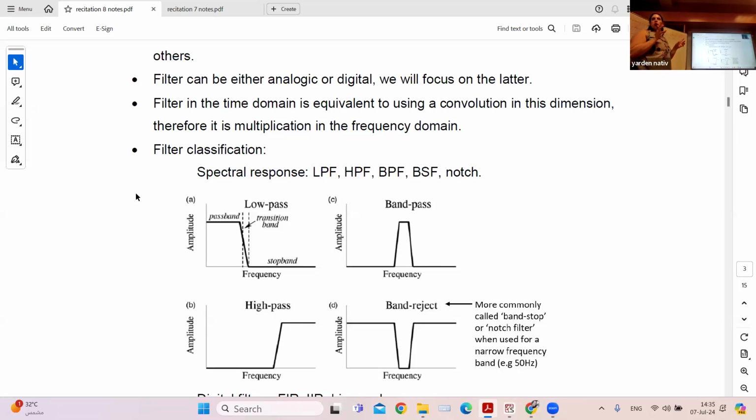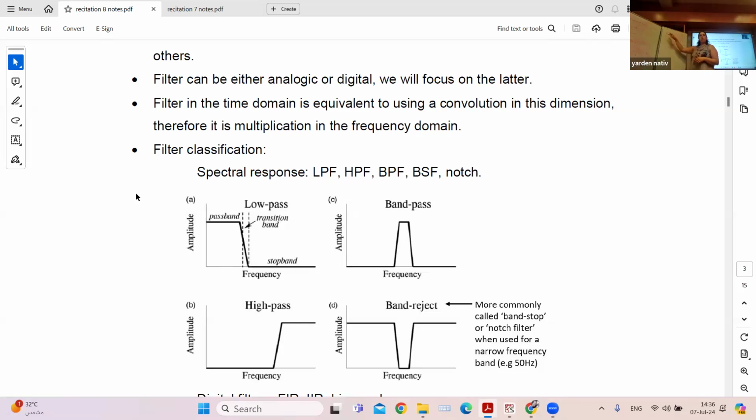So we look at the frequency domain, and then we create a function, and we multiply by this function. I'll just give you an example that I had in a real life example. This is the frequency domain. And what do we do with this function?